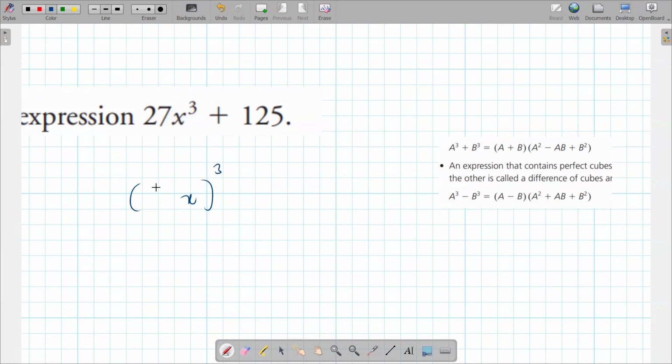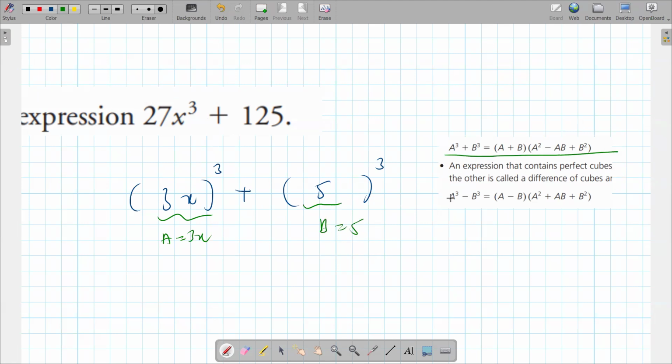So this becomes 3x cubed plus, what's the cube root of 125? 5. So there you go. Now, when you're following the formula, you know that your A is 3x and your B is a 5.